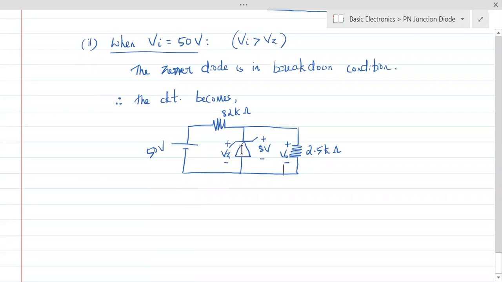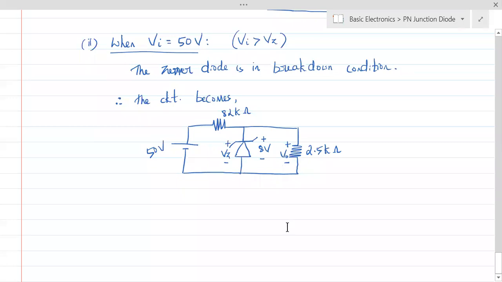Since the Zener diode is in parallel with this resistor, the voltage across the Zener diode is equal to the voltage across this load resistor 2.5K. So we do not have to do anything here. Since Vz is known, the output is supposed to be Vz only.